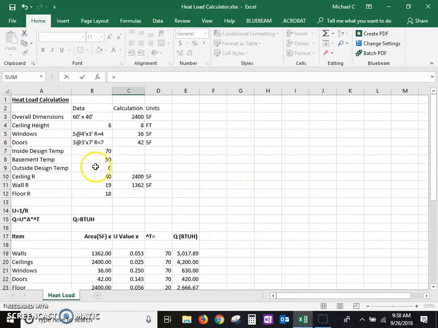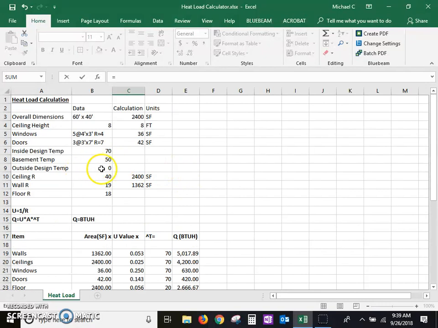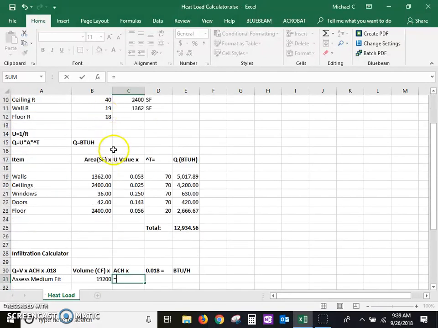So we are at our delta T. Our inside design temperature is 70. Our outside, we didn't have that much delta T on here, do we? Oh, it's not based on delta T. It's your outside design temperature. 0, right?